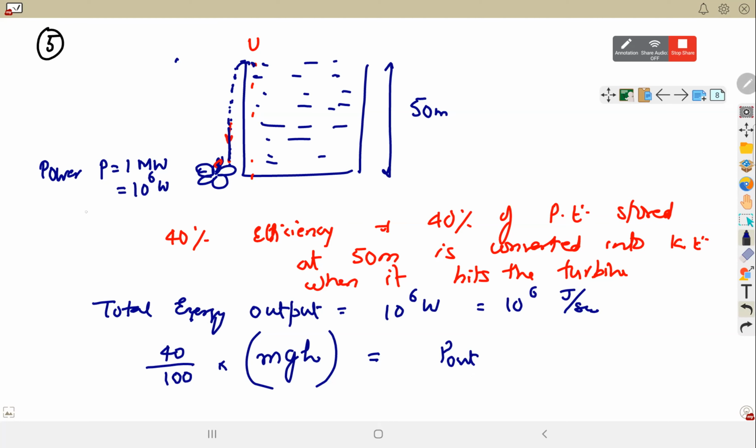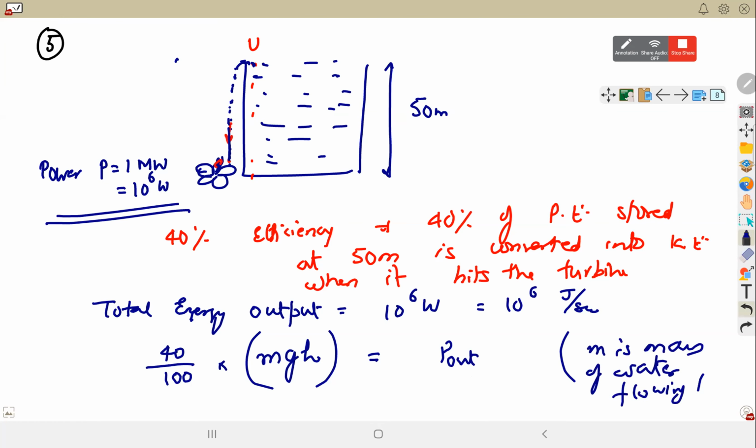Because power means energy per unit time, here m is the mass of water flowing per second. That's why energy on the other side is per unit second. Energy per second is power. So this output power is 10^6 = 40/100 × mgh.